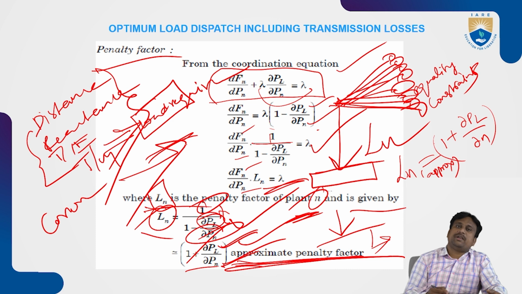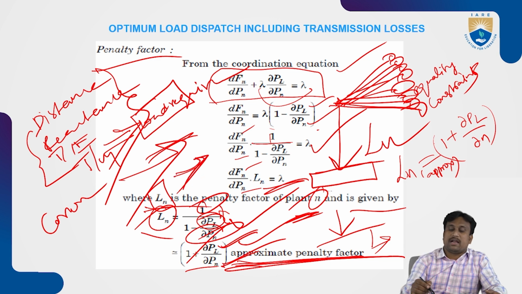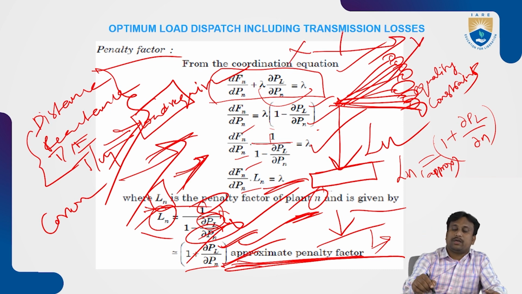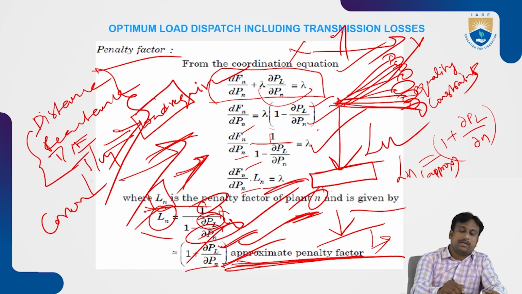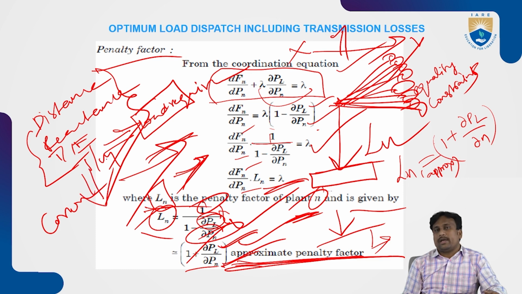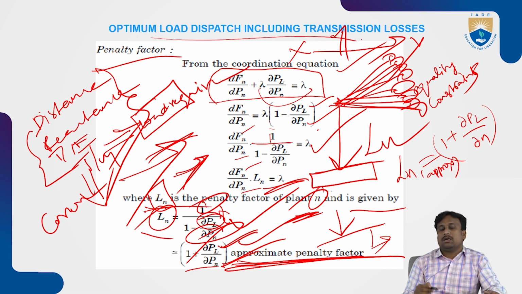This is only to a limited extent, meaning the transmission line can transmit power only over suitable distances. If you expect more power transmission from one end to another, you are going to expect more heat loss. These are the considerations we need to take into account, and based on that, optimal load dispatch scheduling can take place, even though the transmission losses are included.